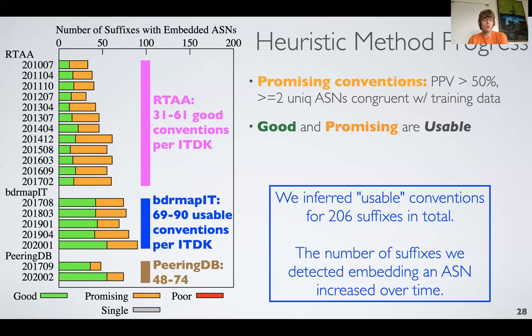In total, across all of the IDDKs and ParentDB snapshots, we inferred usable conventions for 206 suffixes. The other important point to notice here is that the number of suffixes that we're detecting embedding an ASN is increasing over time, so it's likely that this methodology that we introduce in the paper is going to become more useful over time.